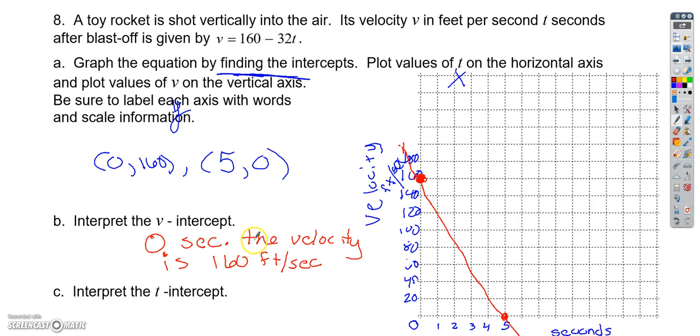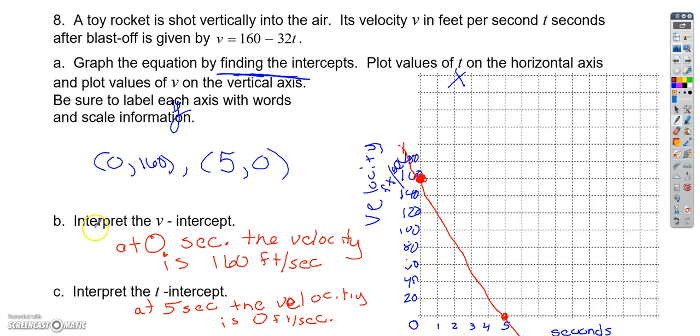Interpret the t-intercept. At 5 seconds, the velocity is 0 feet per second.